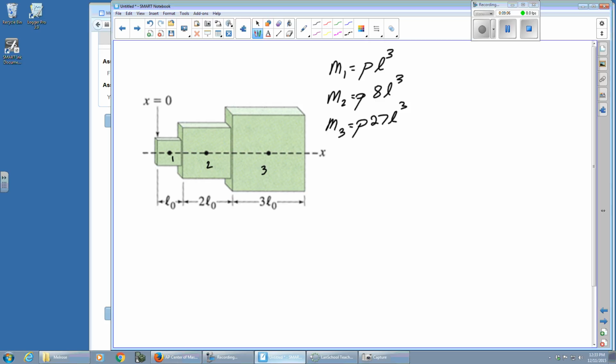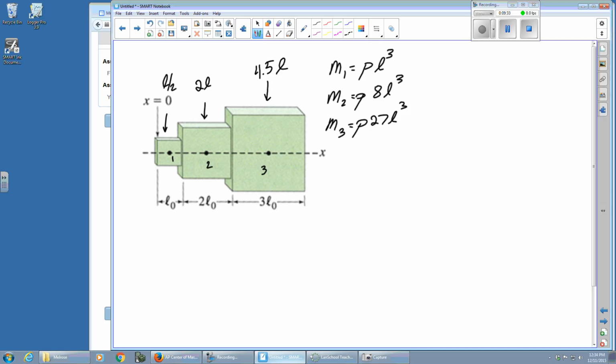And then the locations: the center of mass of cube 1 is at L over 2. For cube 2, we're at 2L. And for cube 3, we're at 4.5L. Those are my X values.